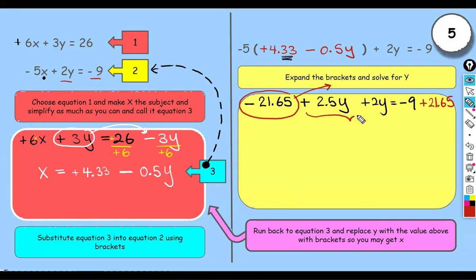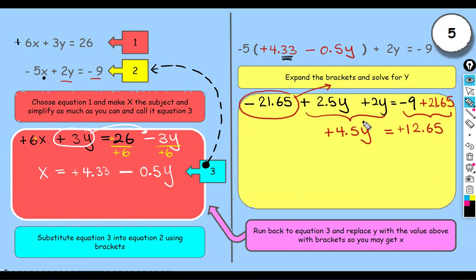Let's just simplify each side of the equal sign. 2.5y plus 2y, that's positive 4.5y. Minus 9 plus 21.65. Remember, when signs are different, we minus. So we take 21.65 and we minus 9. We're going to get what? 12.65. And we put back the sign of the larger value. We're almost done here.